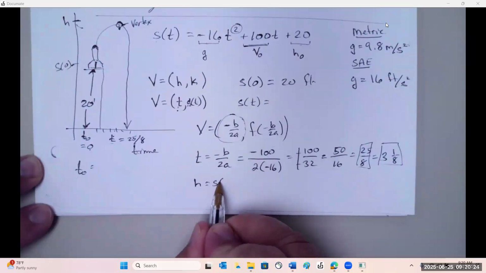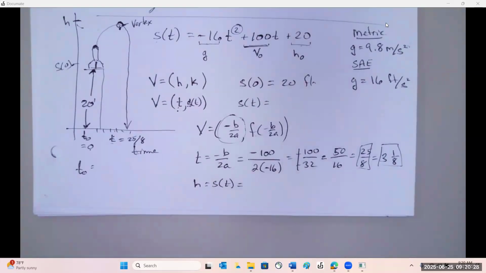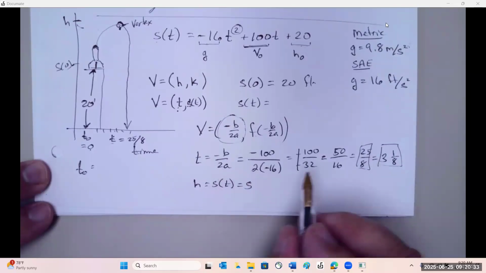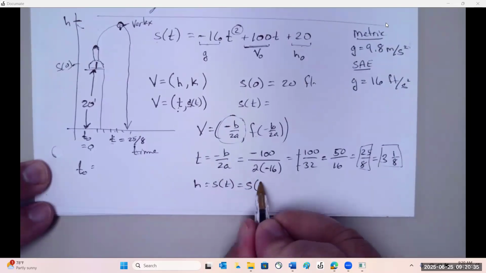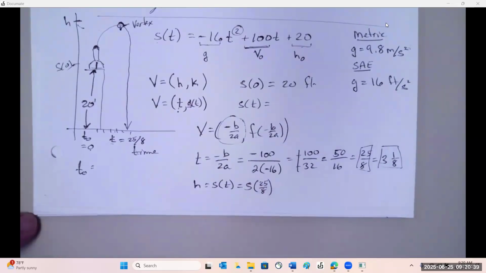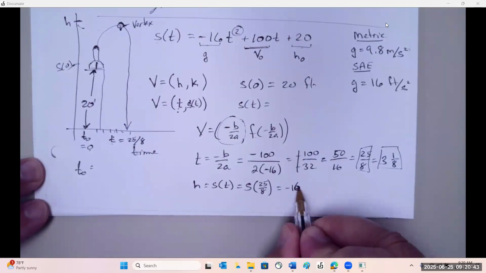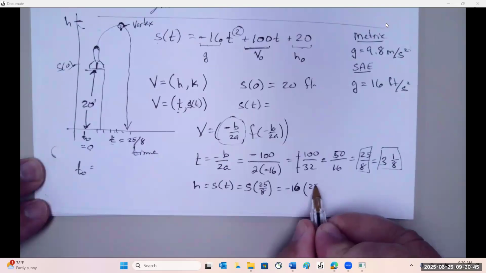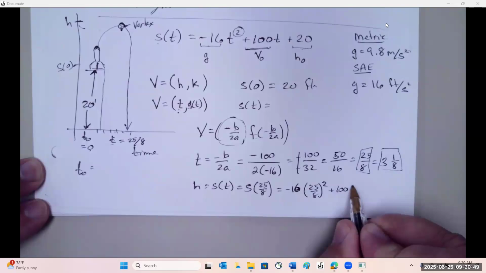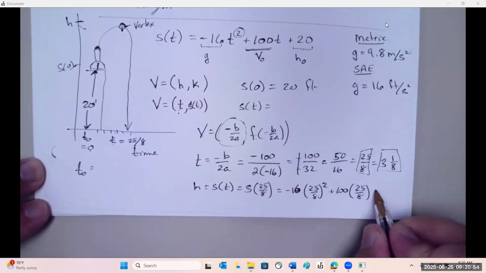That's your position function. So I take my time, which is 25 over 8, plug it in the equation. Negative 16 times 25 over 8 squared, plus 125 over 8, plus 20.